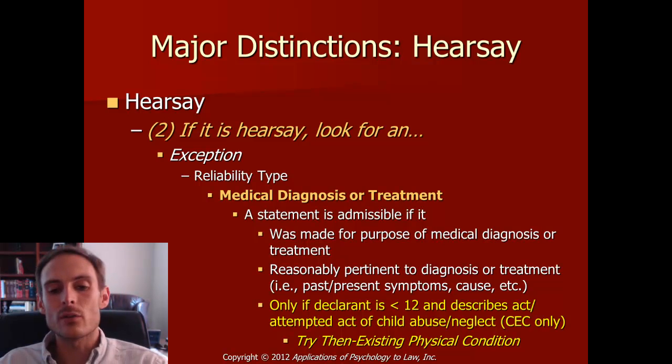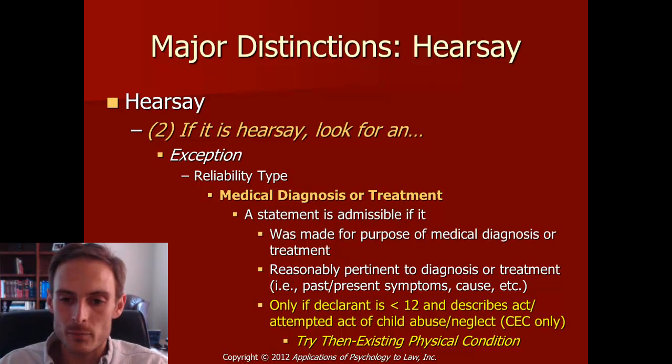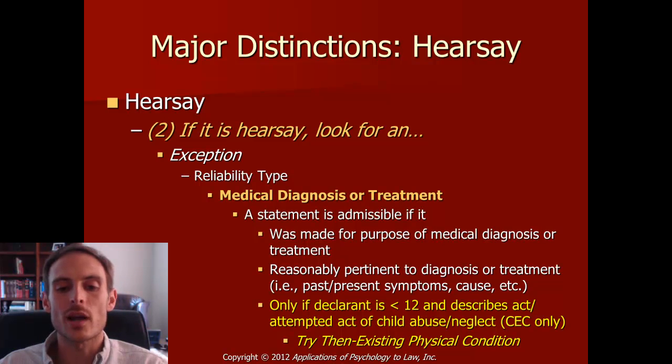Now, in California, this exception does exist, but in a much more narrow form. You see these additional requirements. It's the same base requirement, still made for purpose of medical diagnosis or treatment, reasonably pertinent to diagnosis or treatment, but it only applies if the declarant is less than 12 years old and is describing an act or attempted act of child abuse or neglect.